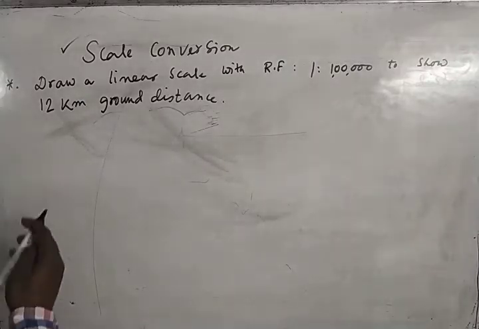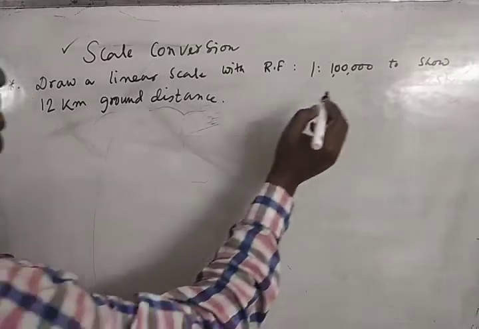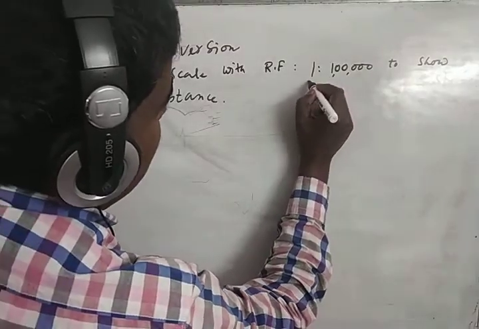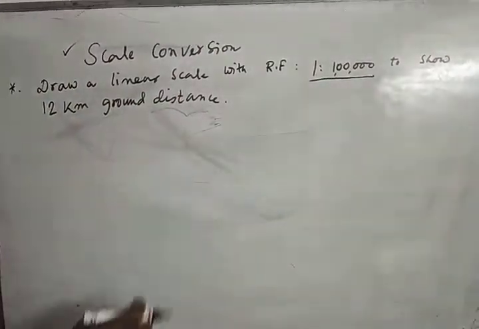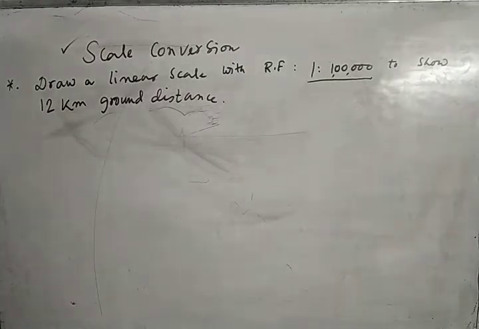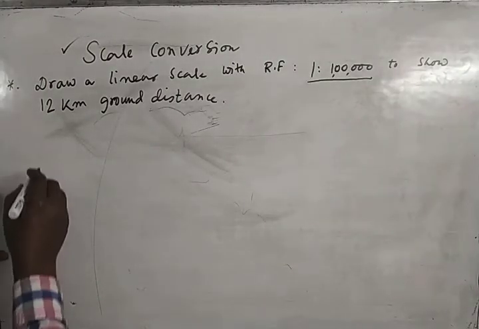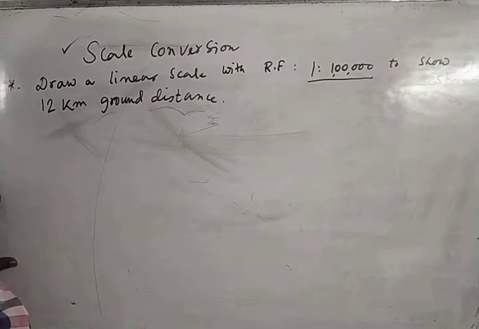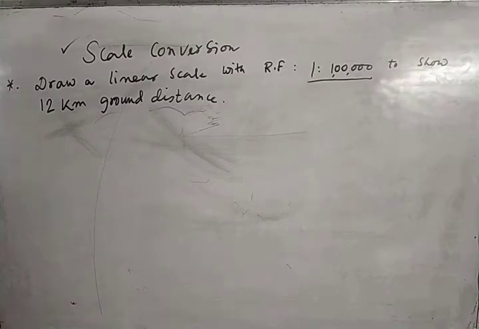So what should we do? First we should know the meaning of this expression of RF 1:1 lakh. Very often students state that scale is nothing but the ratio between the map distance and ground distance.